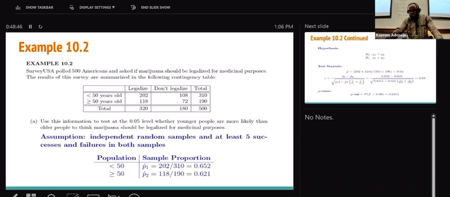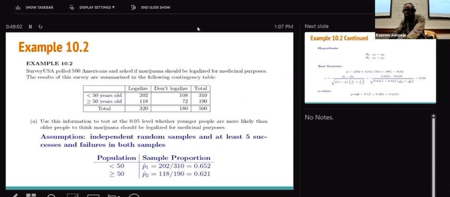But you know what we want to find? Take a look at the A. So use this information to test at the 0.05 level of significance whether younger people are more likely than older people to think marijuana should be legalized. You know what you're going to focus on?